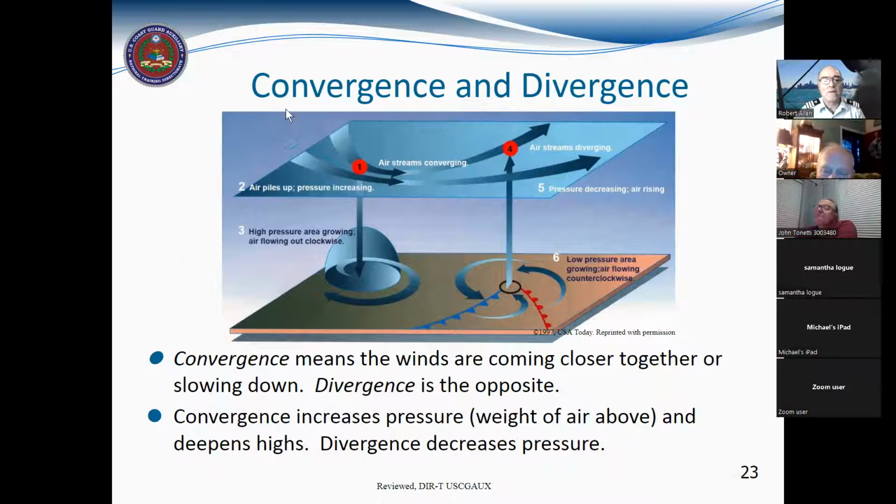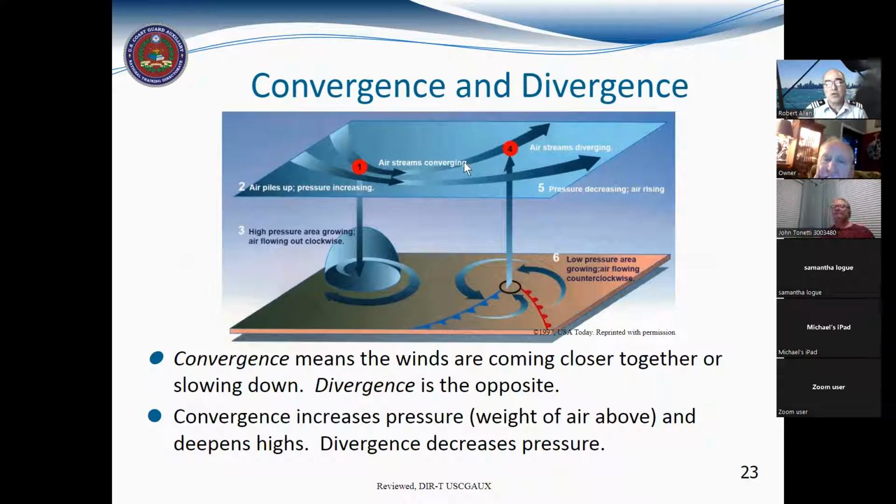So as the air converges aloft, it's pushing down, and as it pushes down, it causes higher pressure at the surface. That means air is going to try to flow outside from this, and you're going to have probably better weather. Convergence means the winds are coming closer together or slowing down. Divergence is just the opposite.